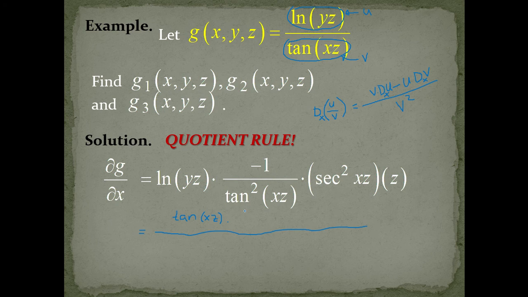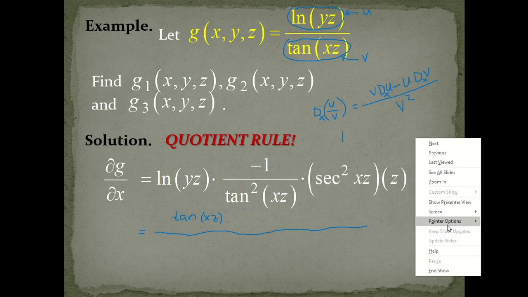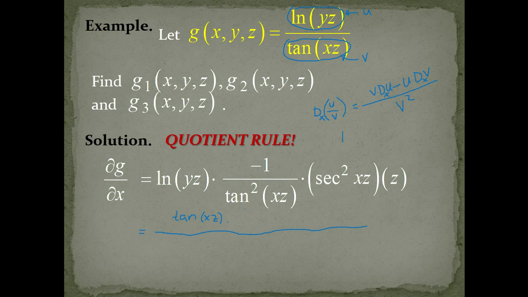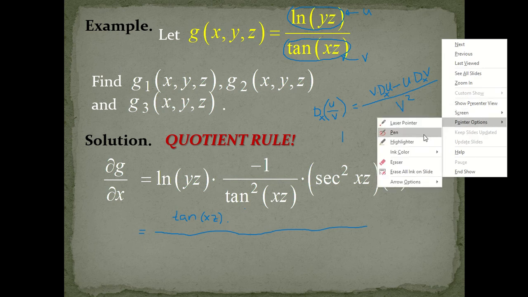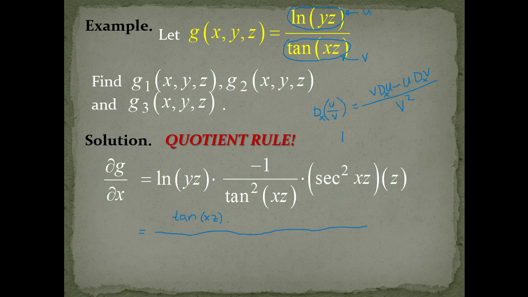We know that the derivative of ln u with respect to x is equal to 1 over u times the derivative of u with respect to x.